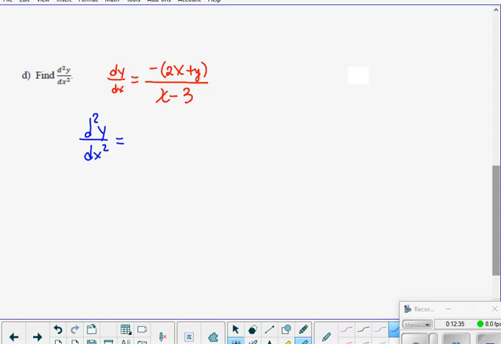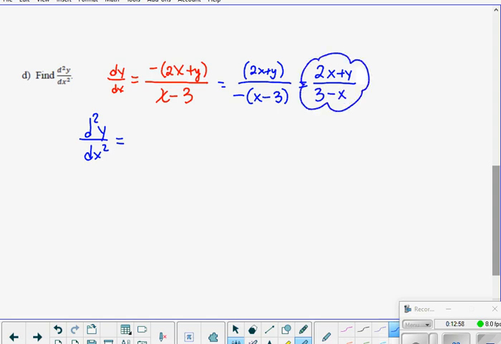So how do I want to deal with this? I honestly would rather have my negative. You know what? Would it be okay with you if I move that negative to the bottom and then make it look like 2x plus y over negative x plus 3, so 3 minus x. I'm going to work from this version because I think it'll make a cleaner derivative for me than having that negative hang out front.